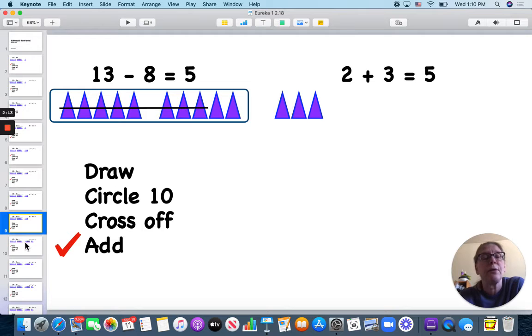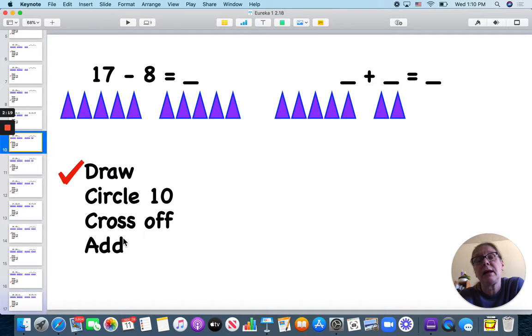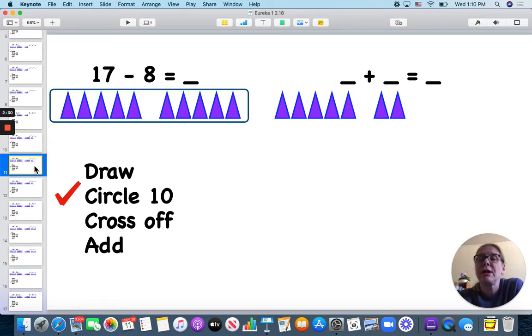Let's try another one. Now, our problem is 17 minus 8. So here we have 17 triangles drawn in 5 groups. Our next step is to circle 10. Right there, we've circled 10, which is easy to do when we draw our picture in 5 groups.